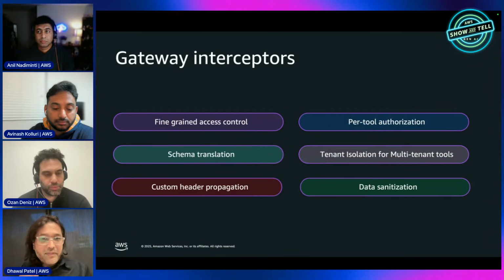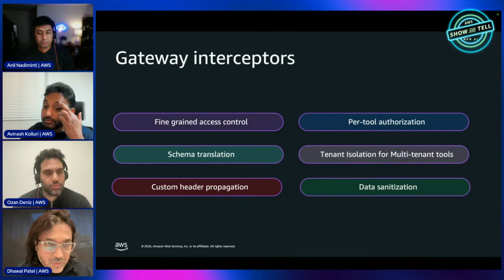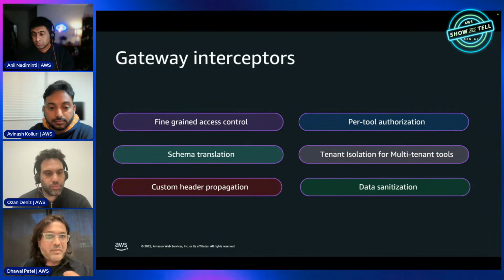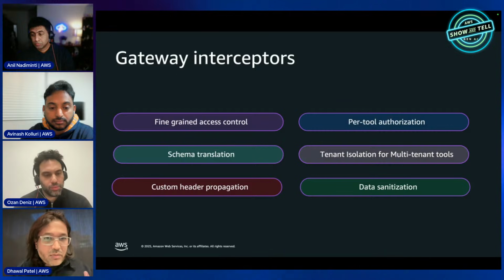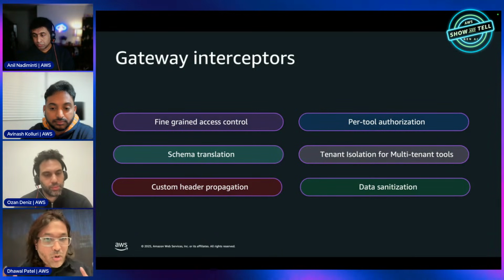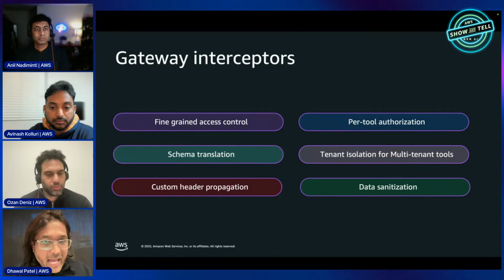And then the other thing I am hearing from our ISV customers is that they are building multi-tenant agents as a service. They are building tools as a service. They are exposing these MCP servers or MCP tools as a service, and in order to do that, you need to have multi-tenancy embedded, right? And when you talk about multi-tenancy, tenant isolation is the most critical factor. And how do you do that?